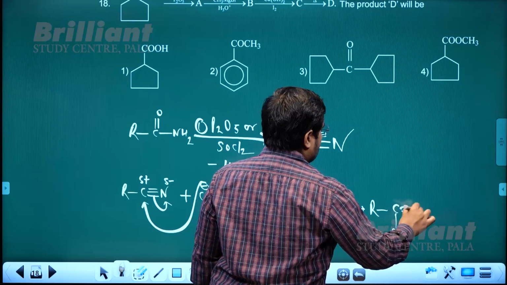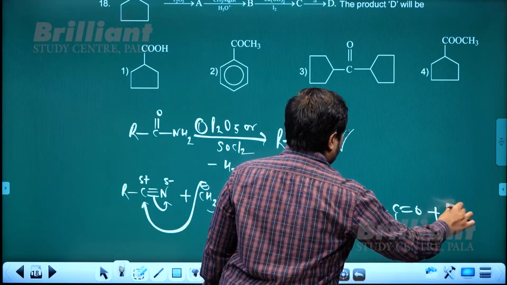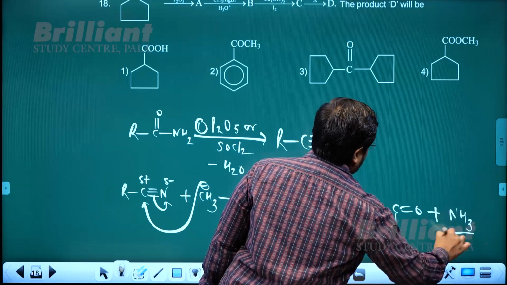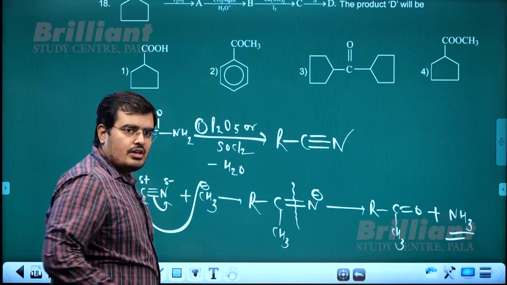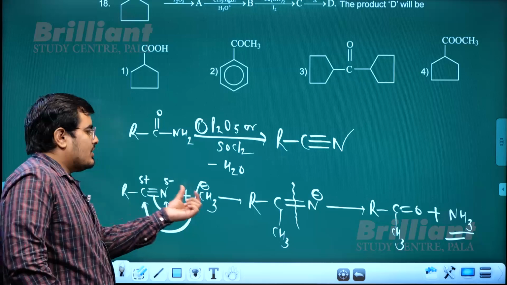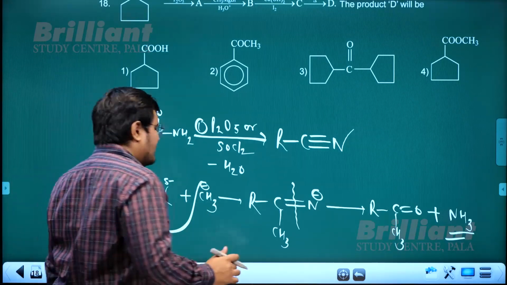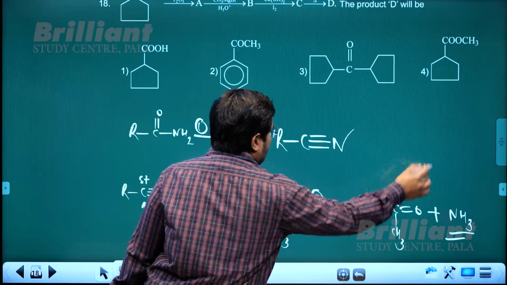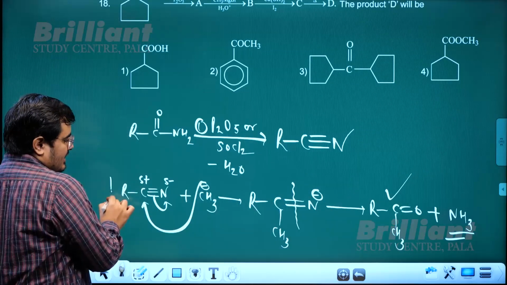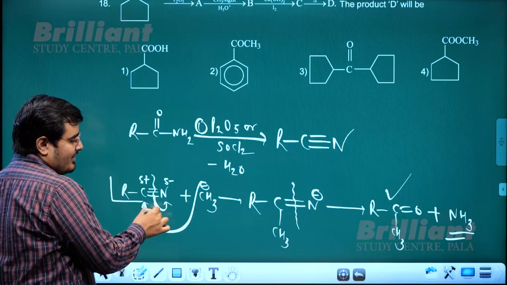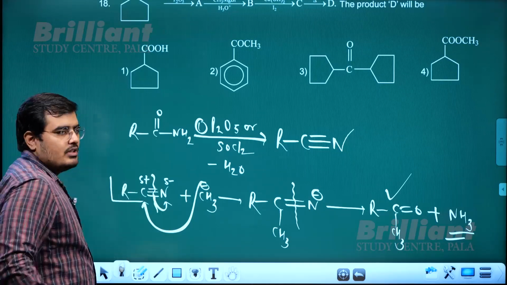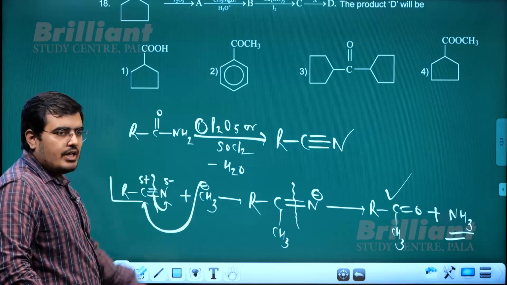So this will become CH3CO, and N minus will get converted into NH3. So we know addition of Grignard reagent to an alkyl nitrile will result in the formation of ketone. That is, the triple bond will break and this will be converted into ketone.